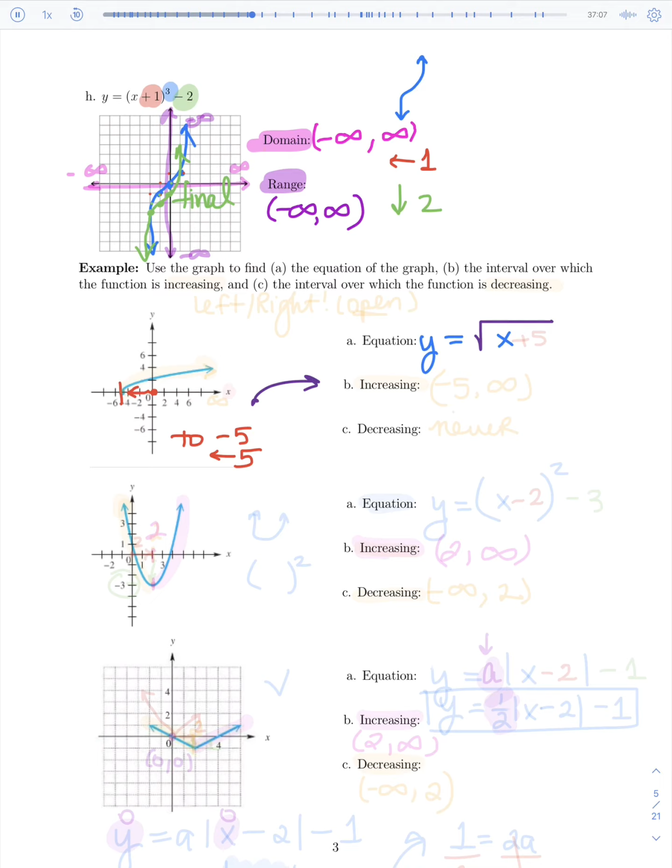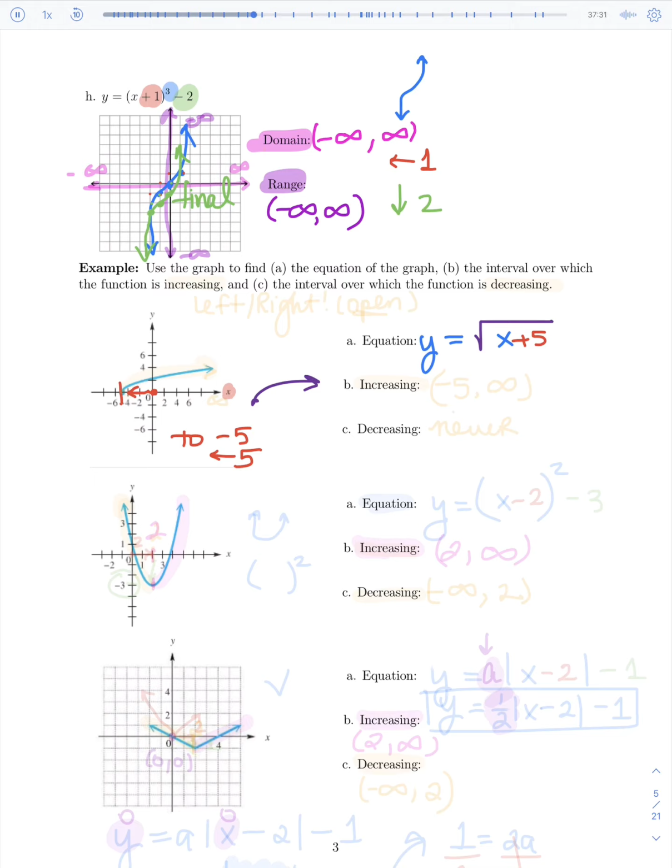And remember, left or right has to deal with your x values, so that's going to be on the inside of your square root graph. So I'm actually going to have a +5 on the inside. Notice we didn't shift up or down, so I don't need to include any other numbers with this.